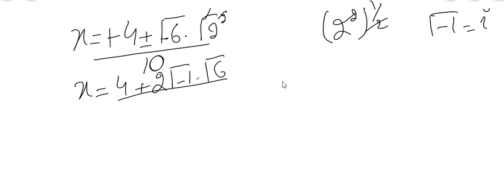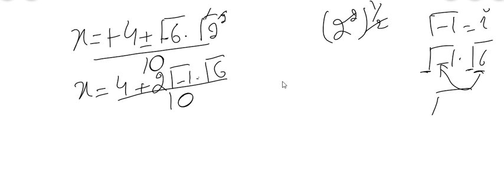Most of you will ask why we wrote over here under root minus 1 and 6. As you know that there is under root, so we can multiply them easily and this will turn as minus 6. 6 into 1 into minus 6. We are separating them only for the reason to put the iota value over here, as I know that under root minus 1 is equal to iota.